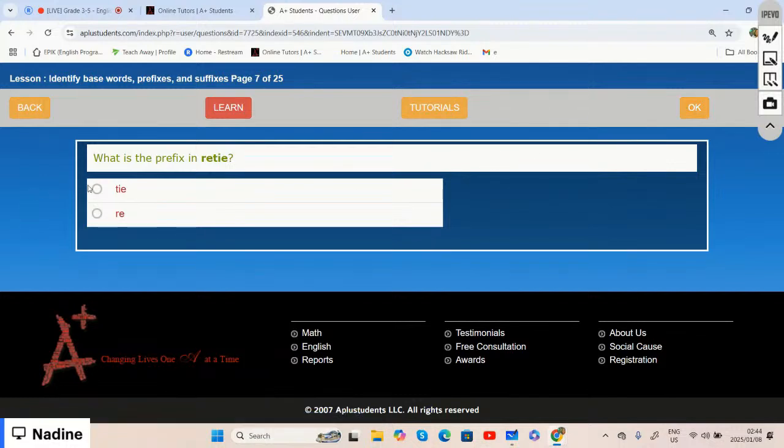All right, the next one is, what is the prefix of retie? The prefix, the word that we add at the beginning. Retie, is it tie, option one, or re, option two?